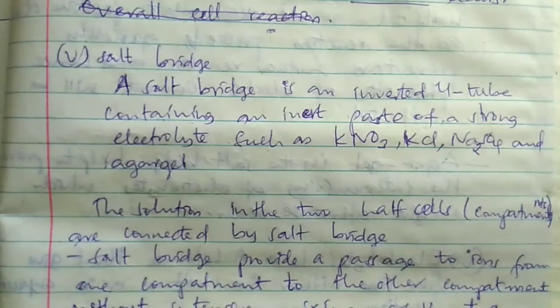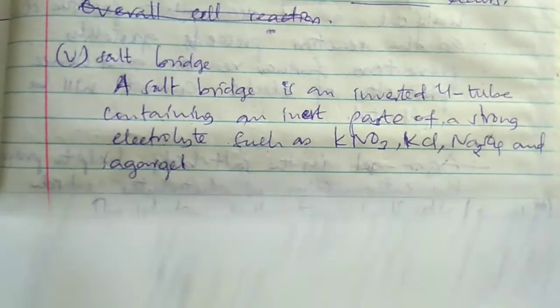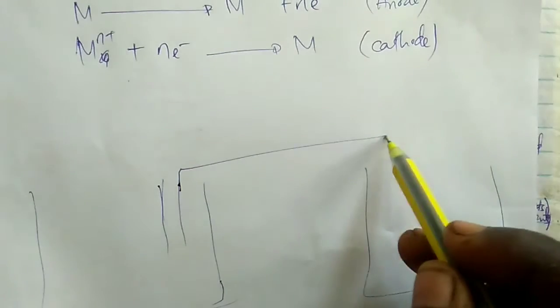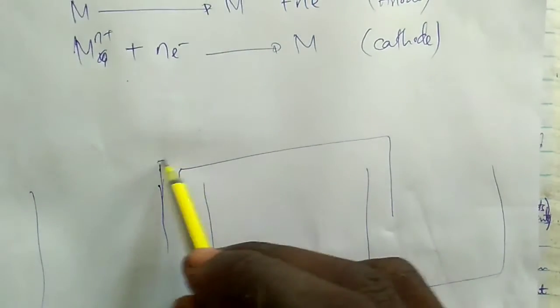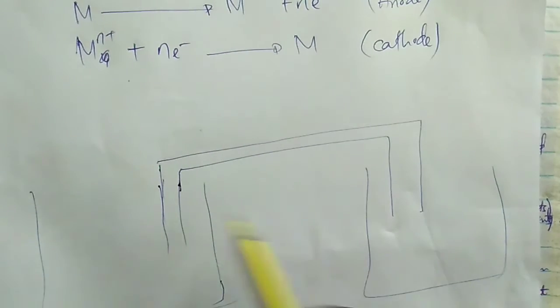Kwa hiyo tutaenda kuona kwenye diagram ya electrochemical cell. Tunakuwa tuna half cell moja huku, half cell nyingine huku, na tunakuwa tuna electrode. Ila baada ya kuwa na electrode tunakuwa tuna kitu kinaitwa salt bridge.